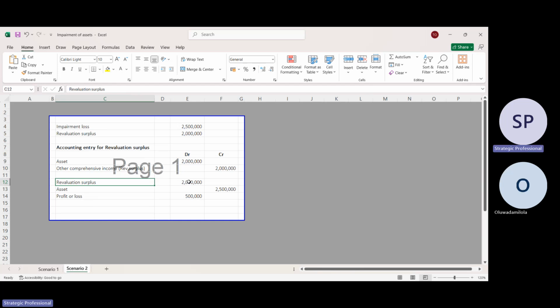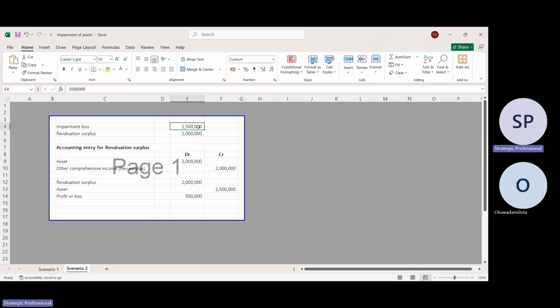So when you have revaluation surplus, the credit side will still be the same as if you do not have it. But the debit side is what will change. Meaning you will debit two accounts when you have revaluation surplus. Debit revaluation surplus account and debit POL.